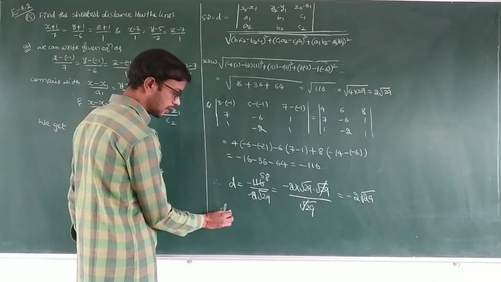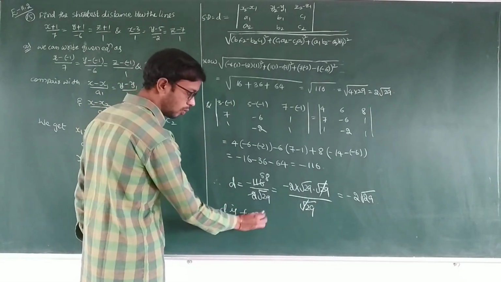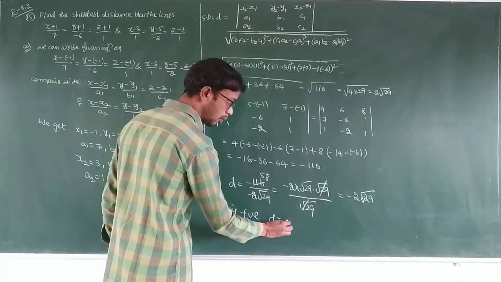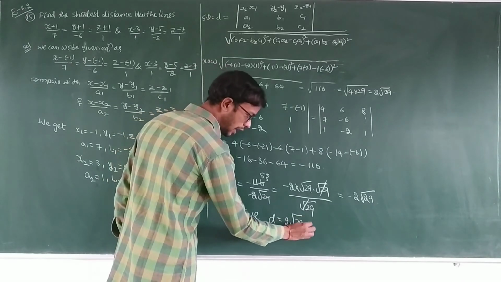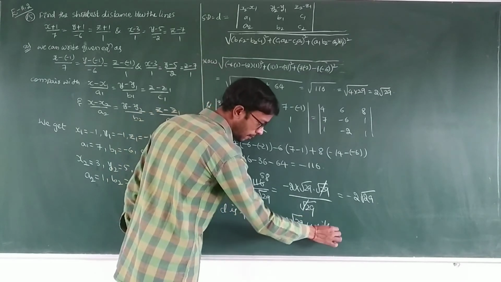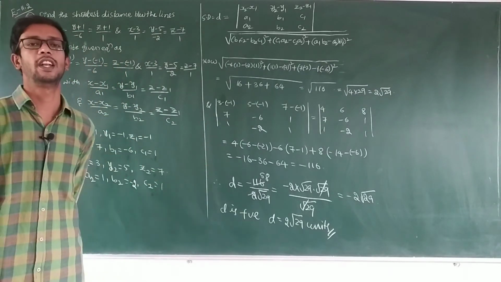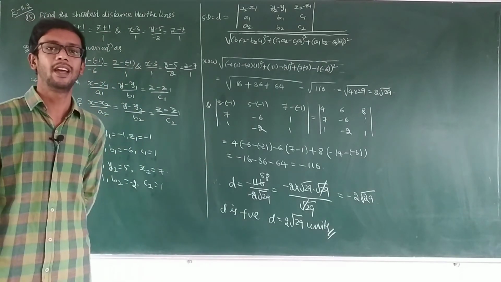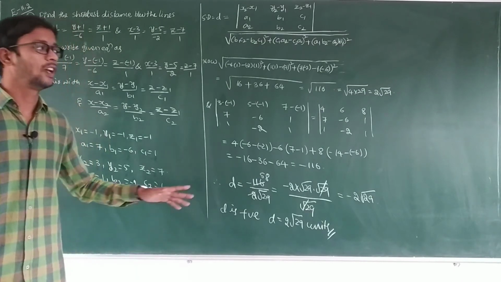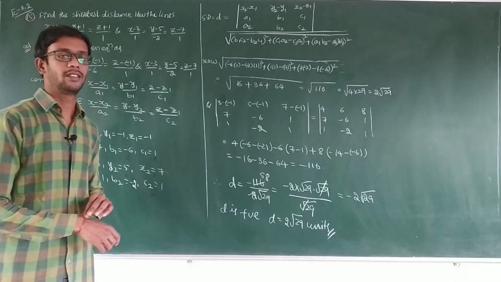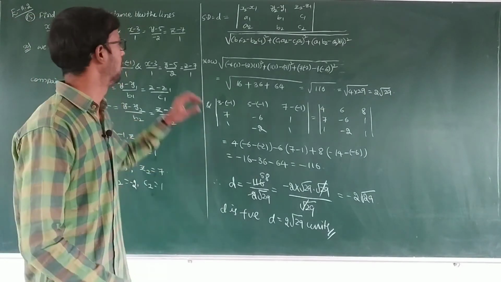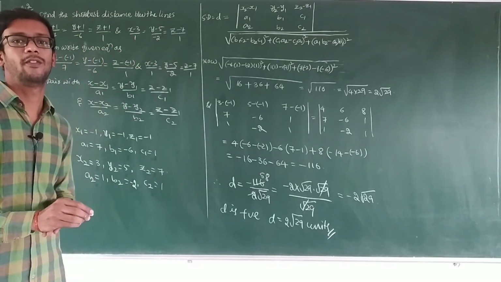Distance is positive, therefore d is equal to 2 root 29 units. Distance is always positive, that's why the negative sign also you have to take as positive. So this is the way of finding the shortest distance between two skew lines if they are given in Cartesian form.